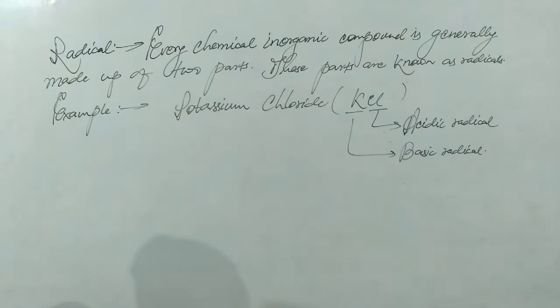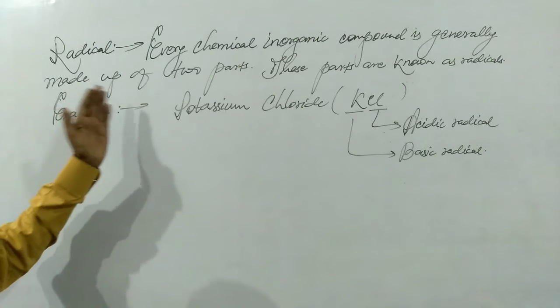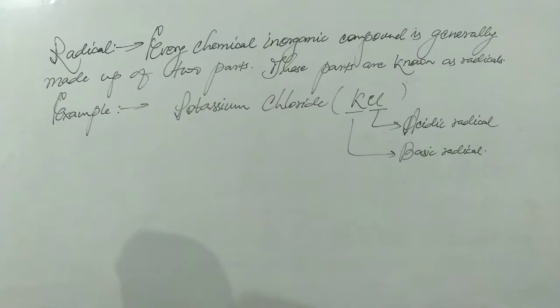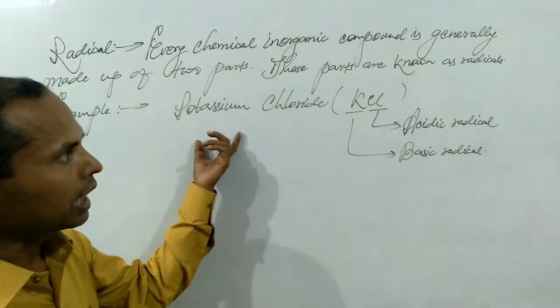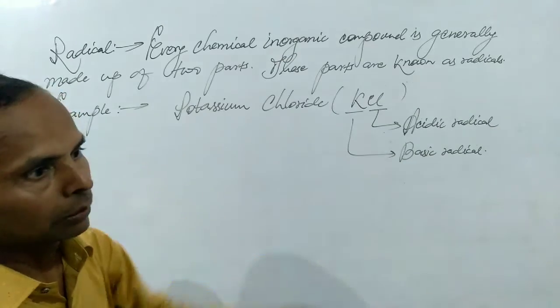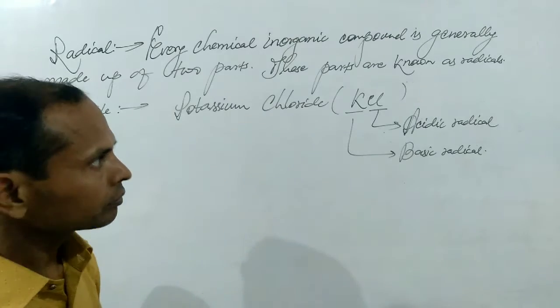So we can give the definition of the term radical in this way. Every chemical inorganic compound is generally made up of two parts. These parts are known as radicals. As for example, potassium chloride, and its formula is KCl. In KCl, two parts are involved: one part is potassium and another part is chlorine.